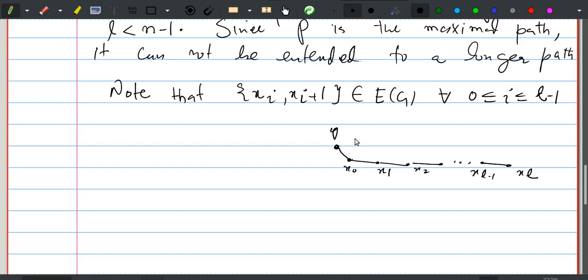Then we have a path which starts at y and ends at xl. Then we have a path of length L plus 1, which is not the case because we have assumed that this path P is the maximal path in terms of length. Similarly, xl must have no neighbor outside these vertices.